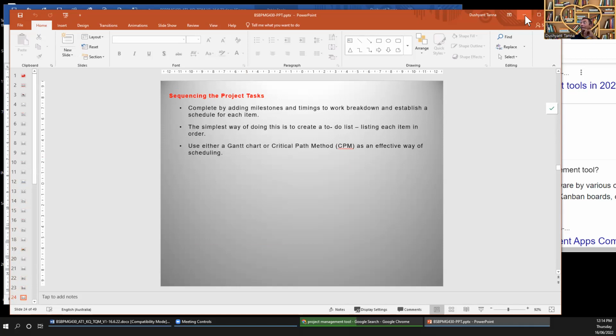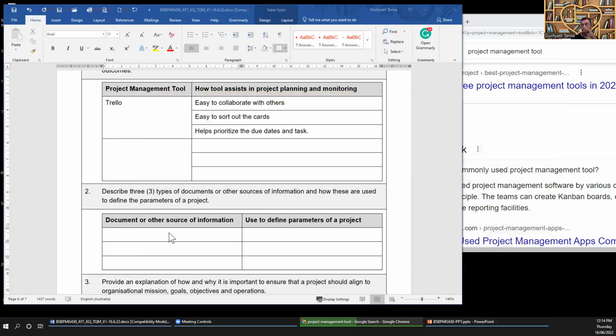These are all important documents or sources of information that you can write here. Project brief, time frame, budget constraint, HR constraint, allocation, responsibility, and any other related report. This all could go here.